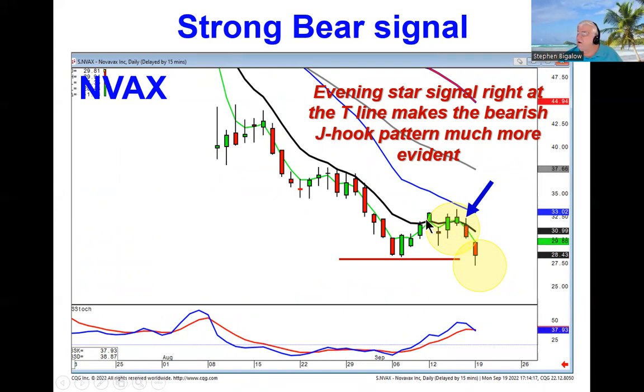Although it's not occurring at the top of a trend or in the overbought area, it is pretty much indicating that they are failing at the T-line and illustrating that there's another leg to the downside, a bearish J-hook. And so if you didn't short it today, if it opens lower tomorrow and trades lower through this level, it's pretty much confirmation that wave 3 is now in progress.